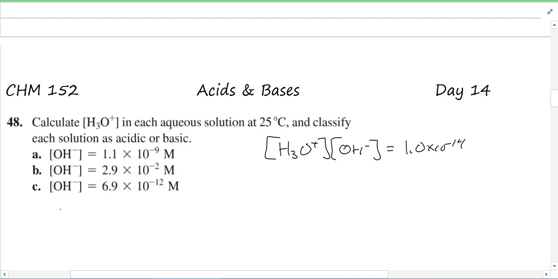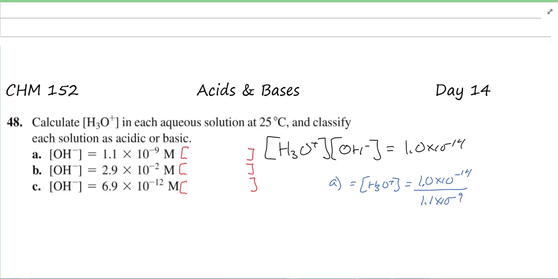So for A, and I'll put them right here, hydronium will be in red right there. So for A, I will have hydronium equal to 1.0 times 10 to the negative 14th divided by hydroxide, which would be, in this case, 1.1 times 10 to the negative 9th. If we do this, what do we get?